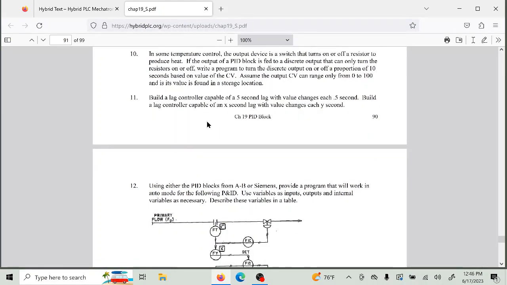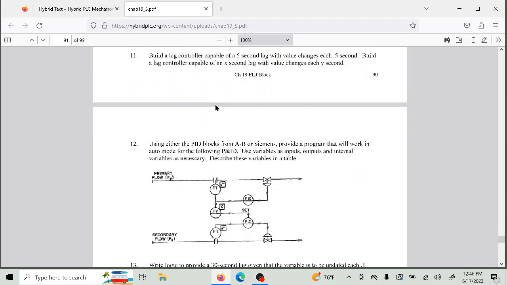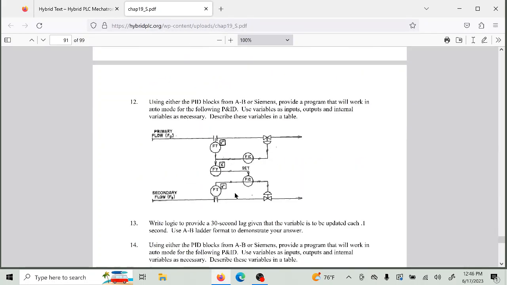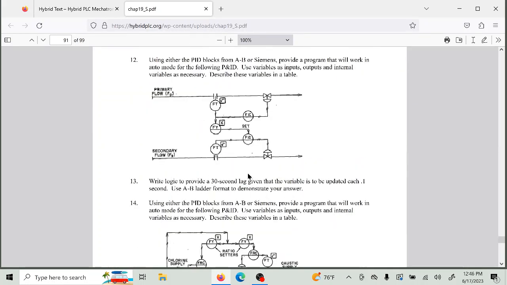This lag controller, again, using the FIFO block, or you can build it with the structured text language. Either way, we did this lab. We did this one in our lecture.